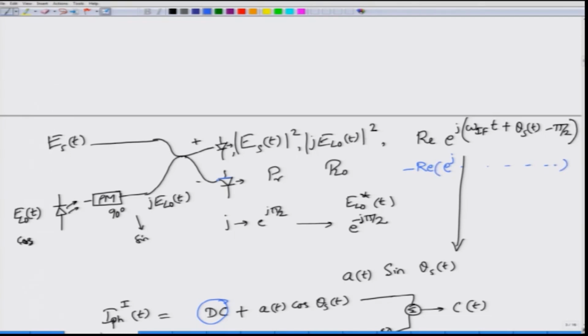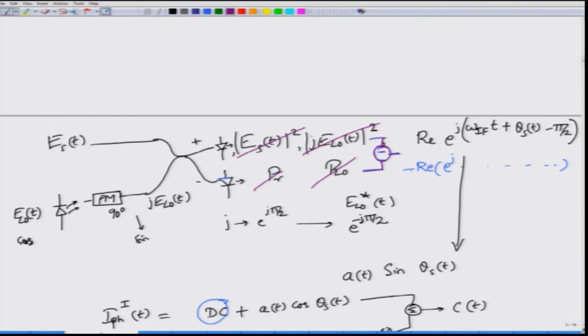Now, what I do is I subtract them by putting up an electrical subtractor. These are two photocurrents. I can put maybe one op amp and subtract them, physically I subtract them, so that this E_S of t square goes away, P_R goes away, as well as this P_LO goes away, but this is real part minus of minus real part.